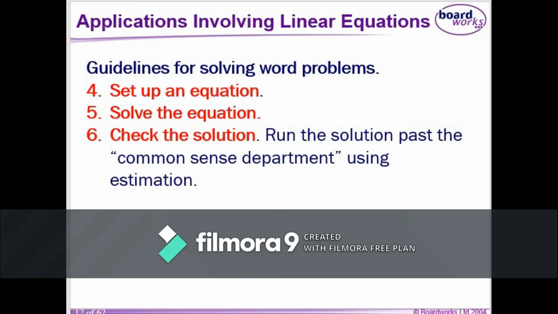Then once we solve the equation, we check the solution. So we run the solution past the common sense department using estimation. Just like what we did before, of course, we need to avoid extraneous solutions. So what we need to do is make sure that we do have the correct equation and also the solution.